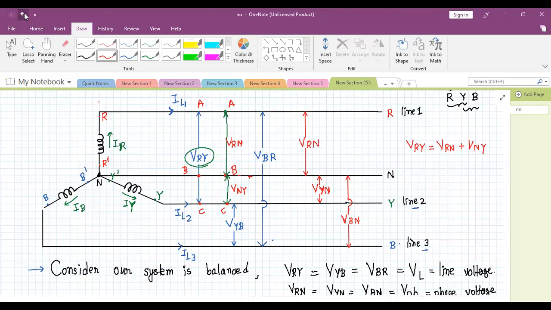Okay, so here I will remove this because the diagram must be neat and clean.